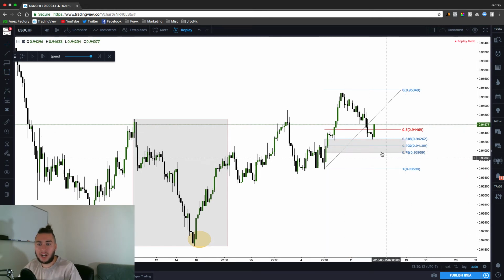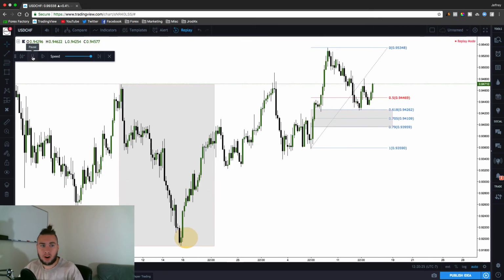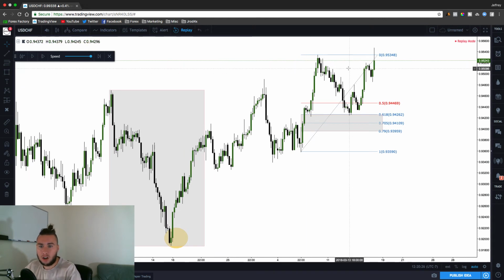And now whenever I'm using my fib, it's after there's a low that's been formed and structure has been broken to the upside. So I'd be looking for buys. So I would just simply wait for the market to trade into my levels. All right, 61.8 was traded into, so you could have bought it here, and then the market pushed up a little bit, came back and formed a higher low.